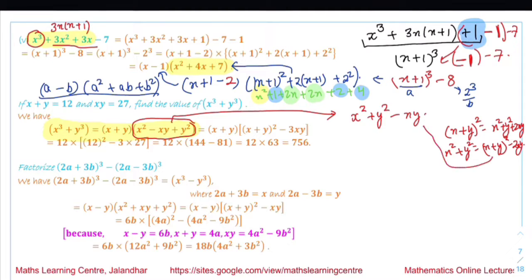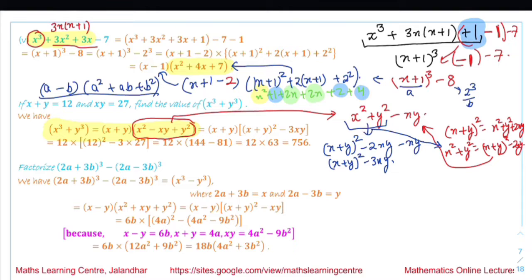So if I substitute the value of x square plus y square from this, I get (x plus y) whole square minus 2xy minus x into y. So it is (x plus y) whole square minus 3xy.